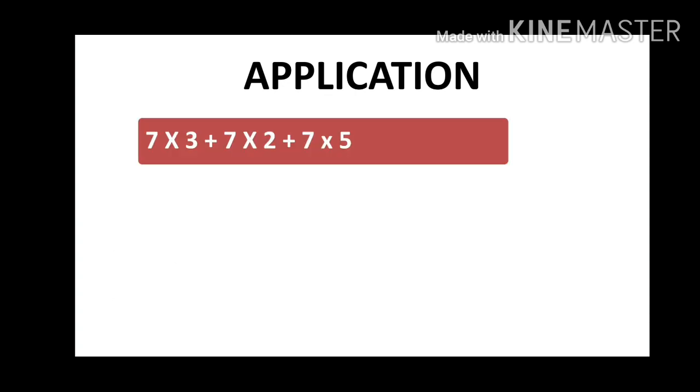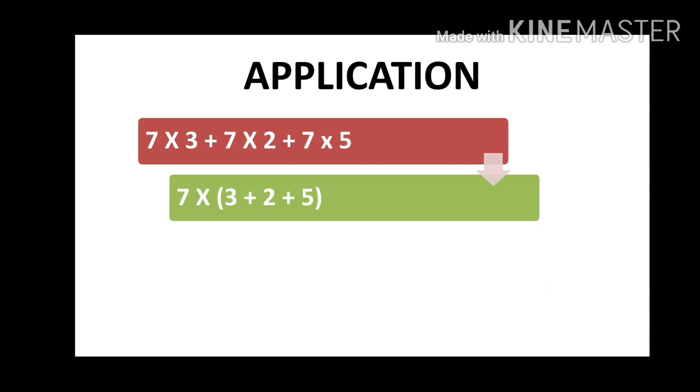Now suppose we have a question like this. So 7 into 3 plus 7 into 2 plus 7 into 5. So always remember, whenever we are multiplying something, that becomes a group now. So 7 into 3 is one group, 7 into 2 is another group, 7 into 5 is another group. So 7 likes 3, 7 likes 2, 7 likes 5. The way Ginny did. So whatever she likes, she keeps in brackets. So here also 7 is multiplied with 3, 7 is multiplied with 2 and 7 is multiplied with 5 also.